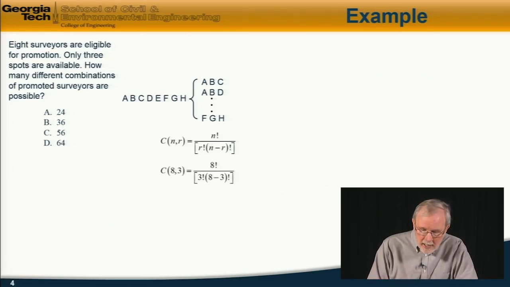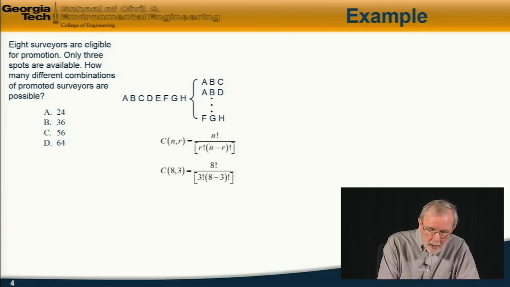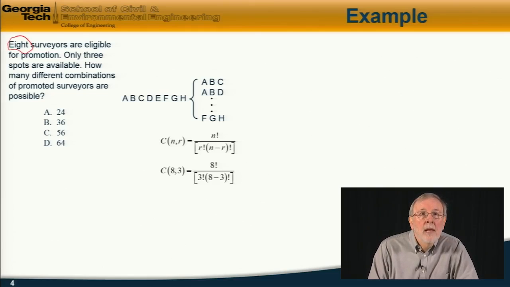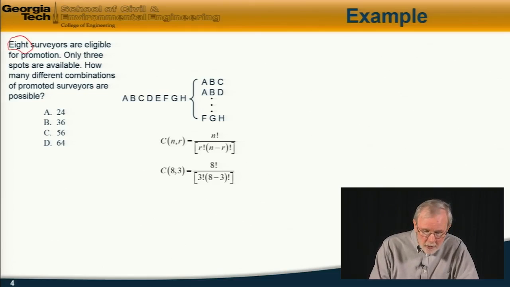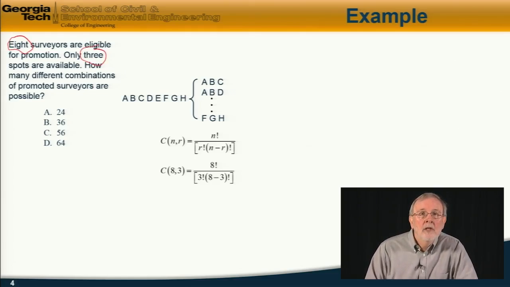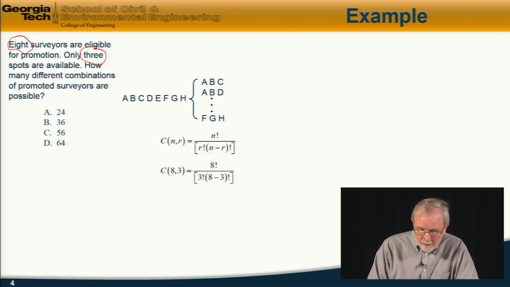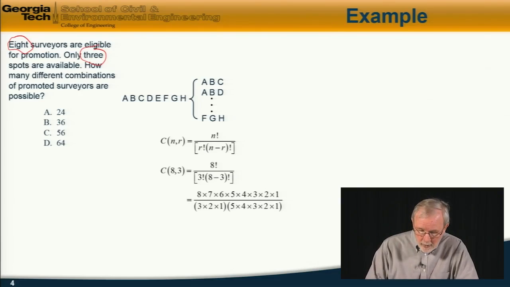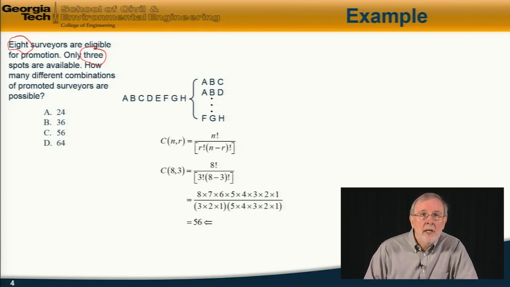So in this case, we have n, the number of people, is 8, and we're rearranging those into groups of 3, so r is equal to 3. So that's equal to 8 factorial divided by 3 factorial times 5 factorial, which, writing it out in all its detail, is equal to that, which is equal to 56.